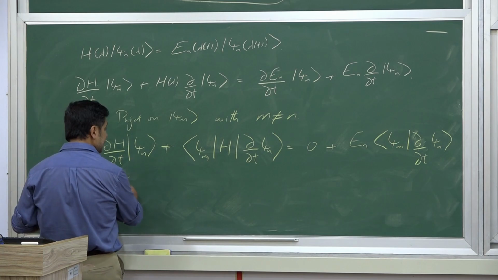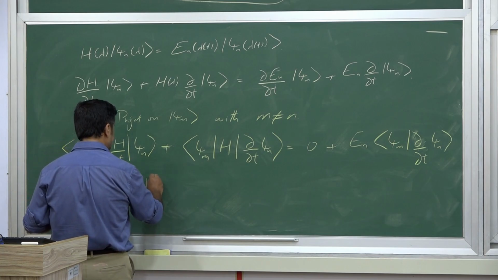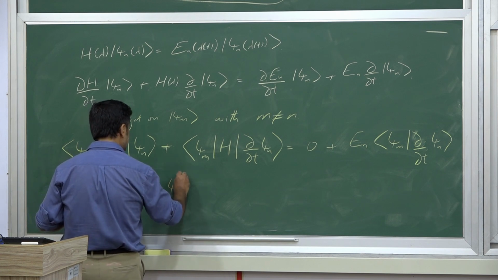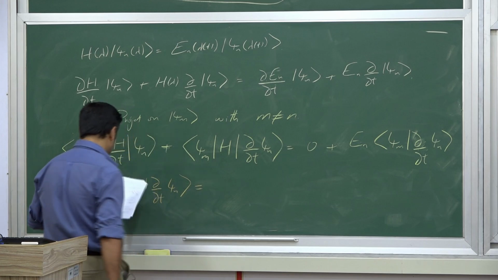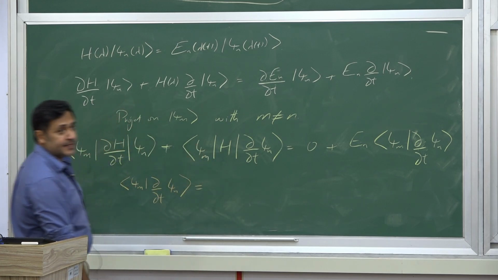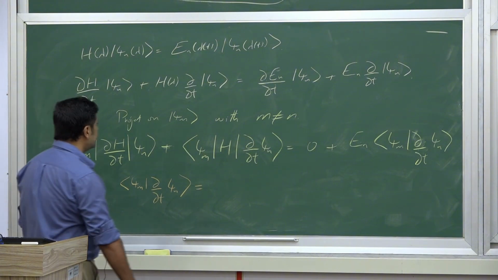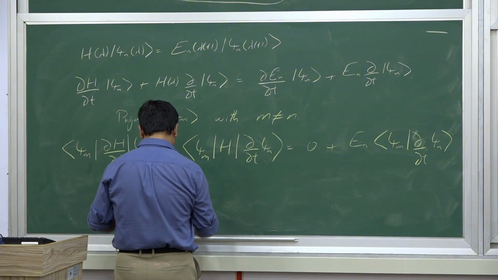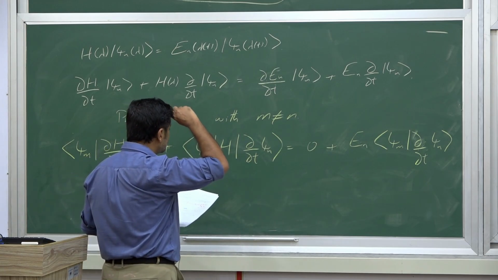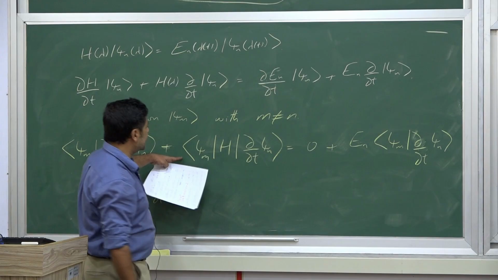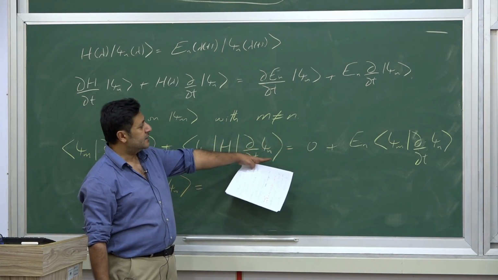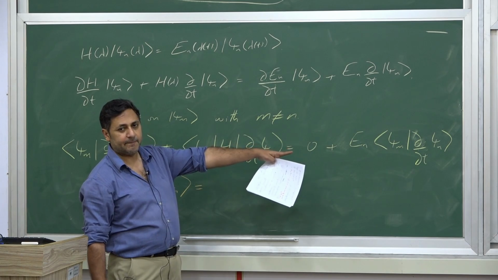So this can act over here and pick up an Em. And so then this will become exactly like that term. And I will have an En minus Em, right?